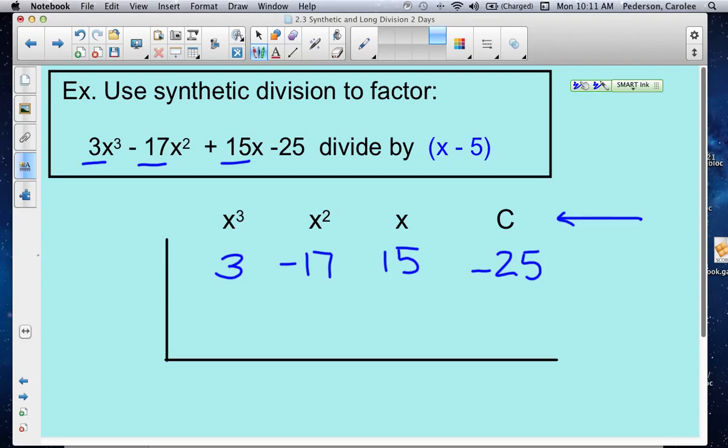Then I have to factor out, and this is where you have to be a little bit careful. It's always the opposite of that number. So we're going to work with 5. And that's what they call the k. So k equals 5. That's going to go on in front of my box.